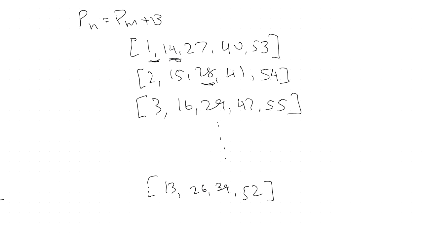They have to be at least one apart, like 27 or 53, or 16 or 55, or not in the same group. So the maximum number of P's we can have is equal to the maximum number of days we can have.